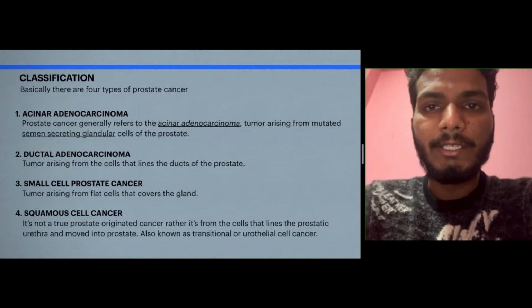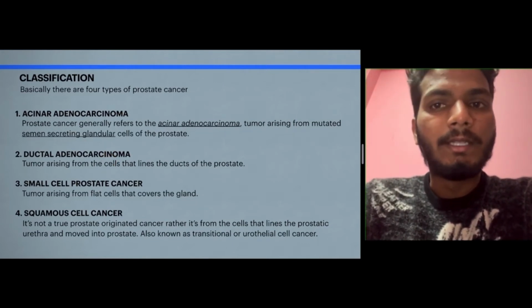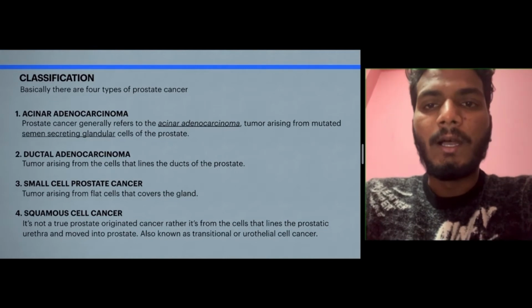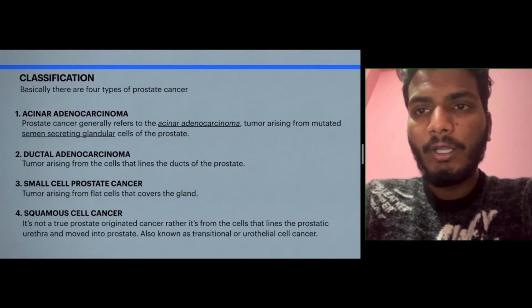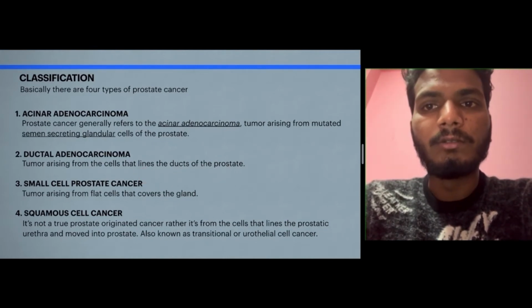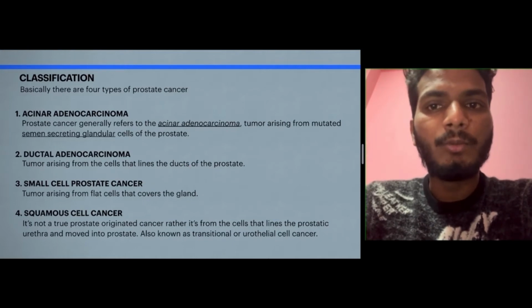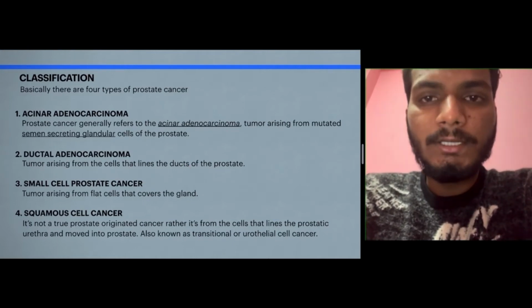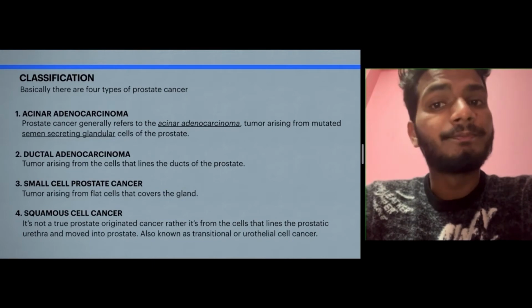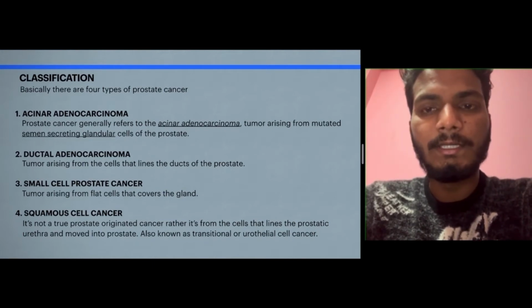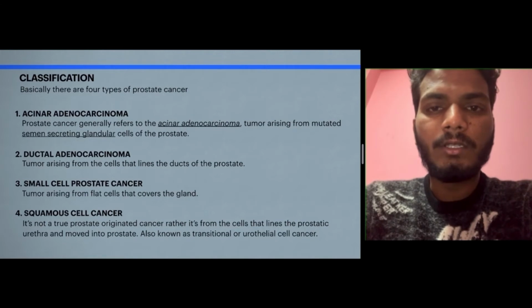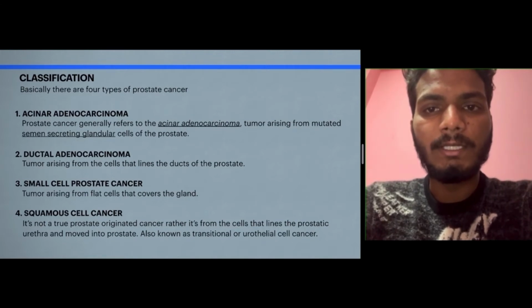Then there is ductal adenocarcinoma, when the tumor cells originate from the duct of the prostate, the cells that line the duct of the prostate. Then another one is small cell prostate cancer. In this case, the tumor cell originates from the flat cells that cover the gland. And there's another known as squamous cell carcinoma.